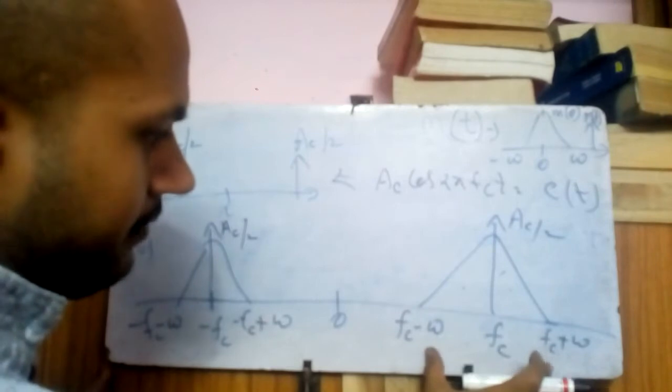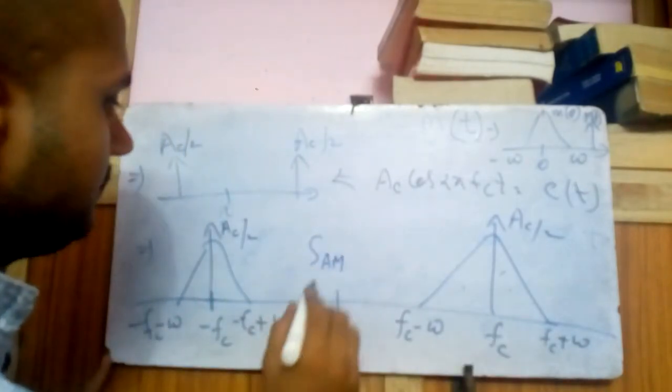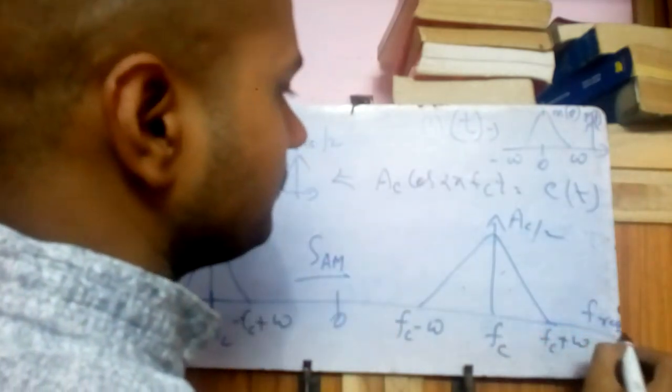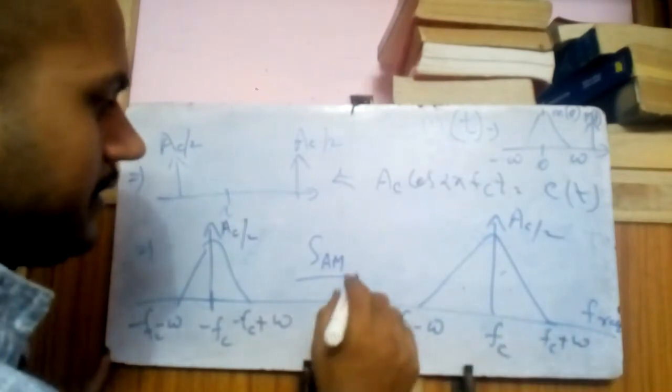Then what will be the bandwidth of this amplitude modulated signal, the AM signal, in the frequency domain? Upper frequency minus lower frequency.